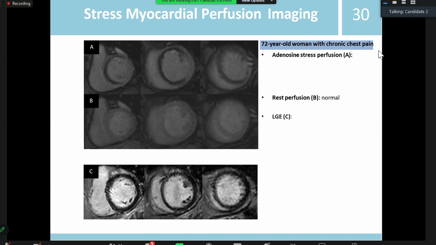And in my routine practice, I would also look at cine gradient images for evaluation of whether this has any motion abnormality, and correlate with any acute features like ECG. And I would discuss these findings. This looks like old ischemic changes or chronic infarct changes. I would discuss with the cardiology team and confirm my findings with the cardiac radiologist.